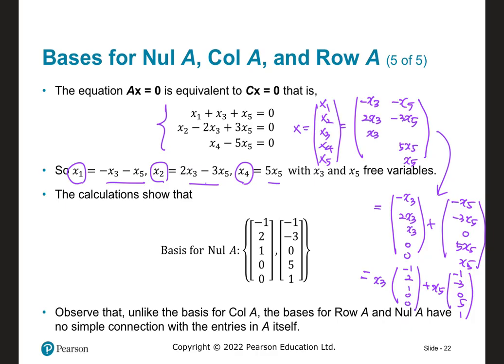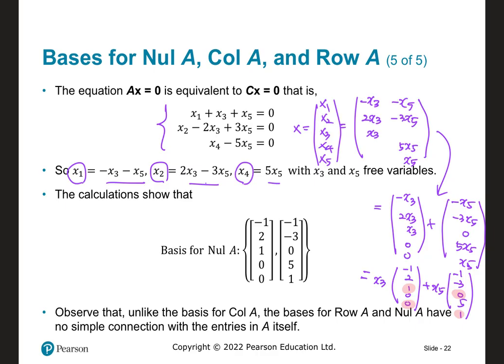Two free variables are third and fifth entries. So when I look at third and fifth entries of these two vectors, we can easily check that the first vector is not a multiple of the second vector and vice versa. In other words, these two vectors are linearly independent.